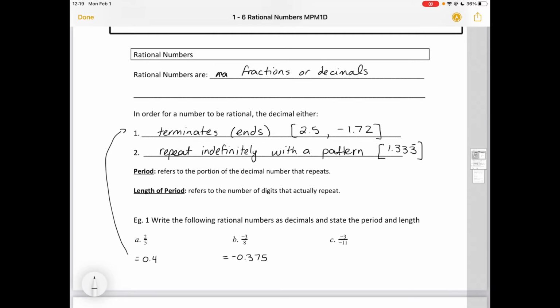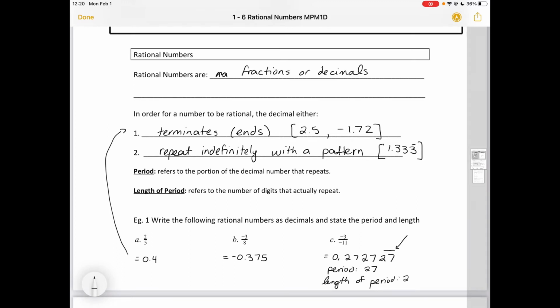And then finally, we've got minus 3 divided by minus 11, which is going to give us 0.272727 on and on. So here, our period is going to be the numbers that actually repeat. So that's the 2 and the 7. And the length of the period is 2.